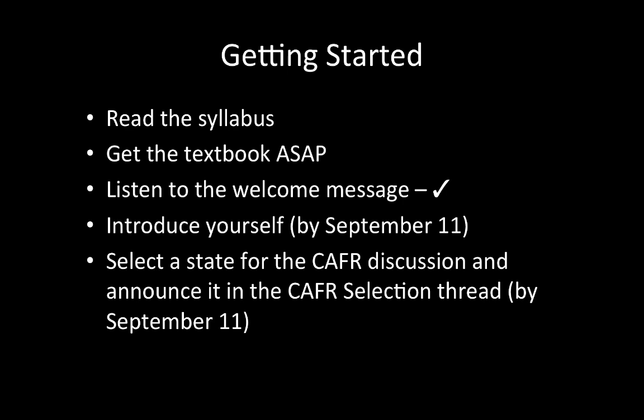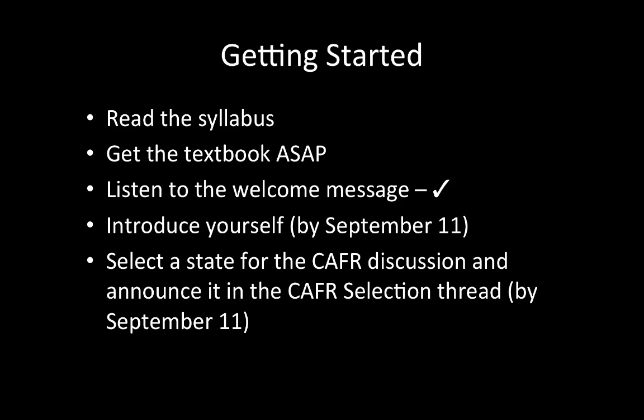And then for the weekly CAFR discussion, threaded discussion, you need to select a state, and you're going to use information from their CAFR, or Comprehensive Annual Financial Report, to answer that threaded discussion question every week. So you need to go in and look at that threaded discussion, make sure that somebody else hasn't already chosen your state, and then post to let us know what state you're choosing.